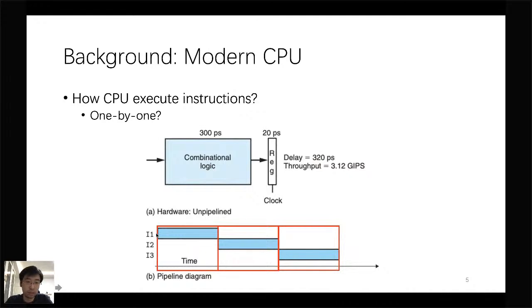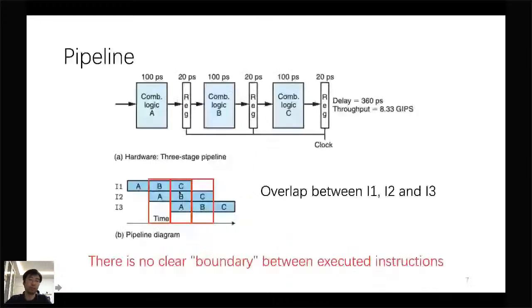For example, in this case, we divide the execution of a single instruction into 3 stages, A, B, and C. At this time, the CPU is executing 2 instructions at the same time: instruction 1 is in its B stage, and instruction 2 is in its A stage.